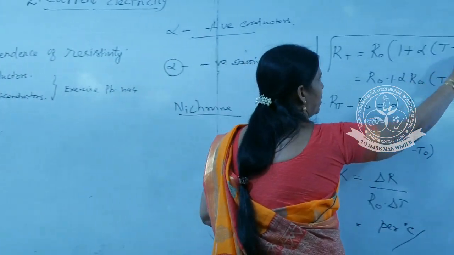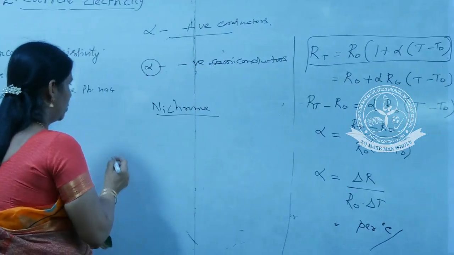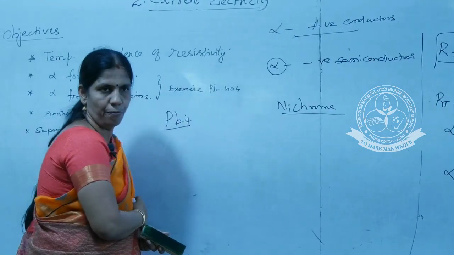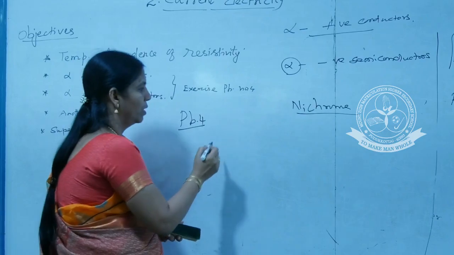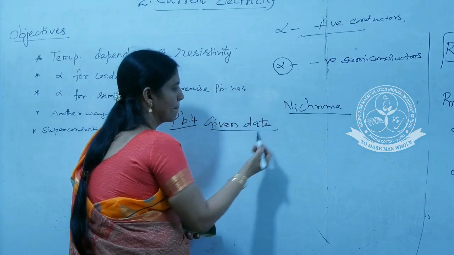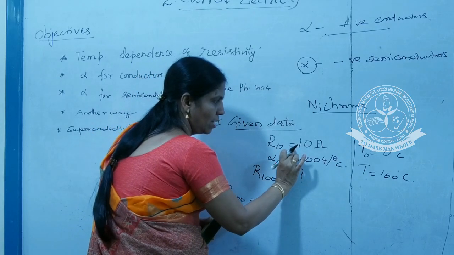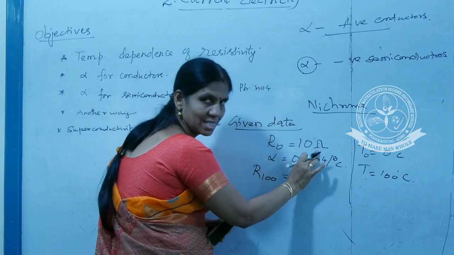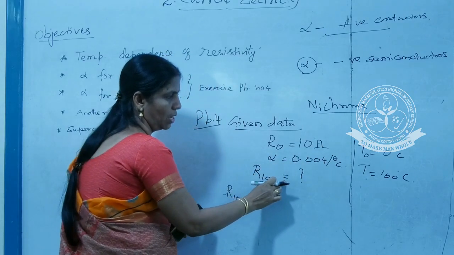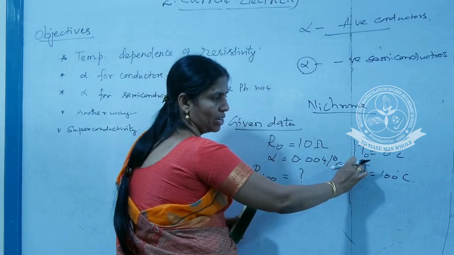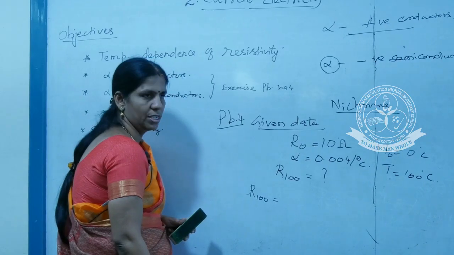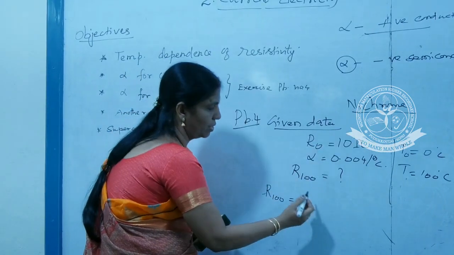That given data you must write. Resistance at 0 degree Celsius is given as 10 ohm, and alpha is given, and you are asked to find out R_100, and the reference temperature is given as 0 degree Celsius, and the boiling point temperature is 100 degree Celsius. So, let us substitute the values.